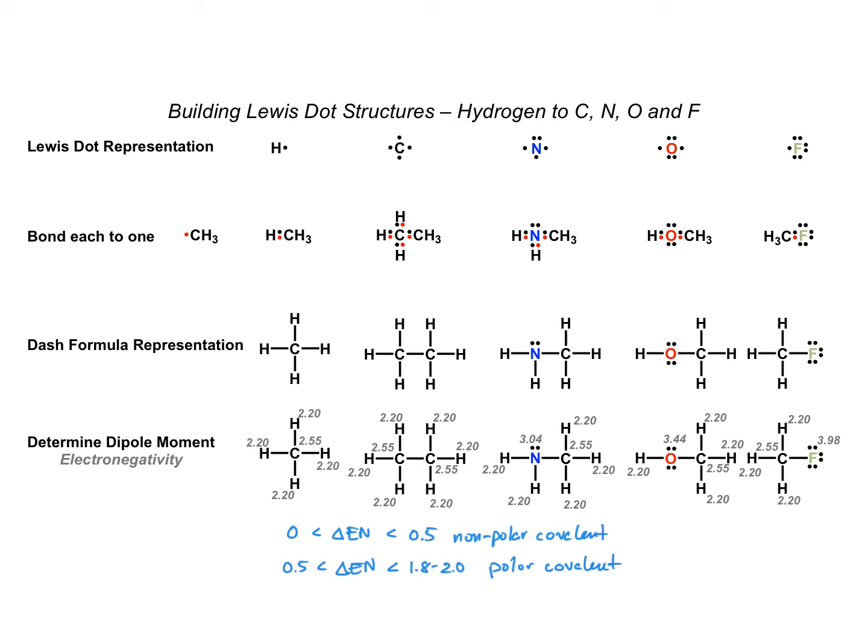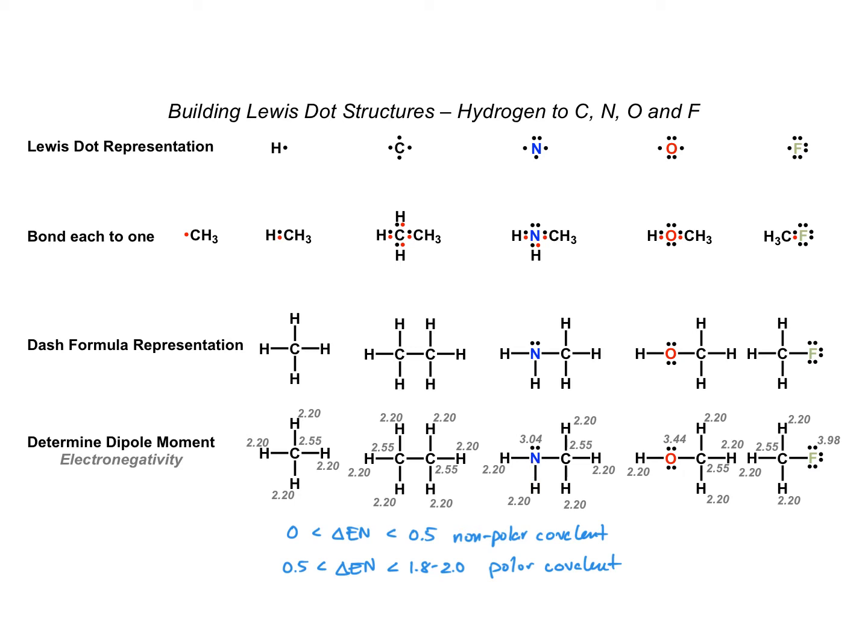When we get into this situation here where there's a heteroatom nitrogen, we can now see that the difference between the nitrogen and the carbon puts us in this region here, so we have a polar covalent bond. Additionally, same looking at the nitrogen-hydrogen, that's a polar covalent bond.